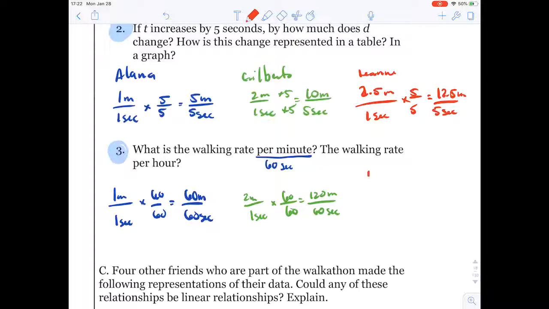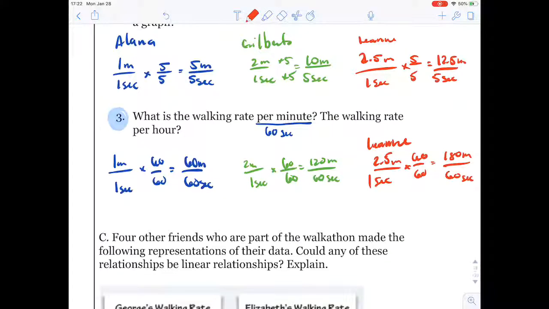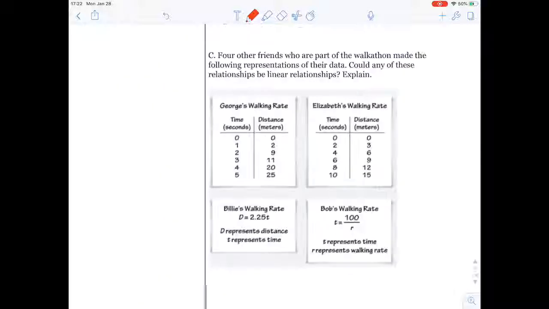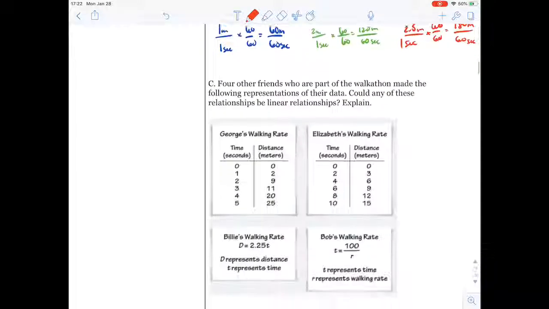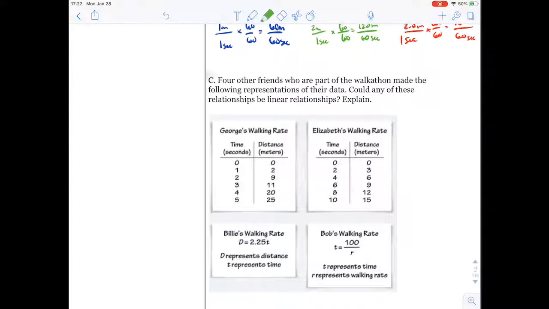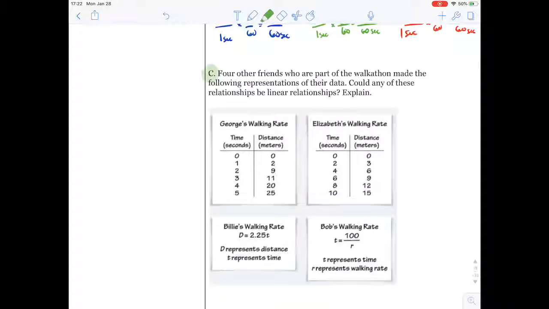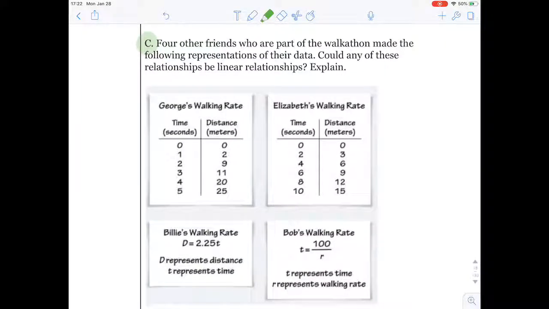And lastly, we have Leanne, who goes 2.5 meters every second, and we'll multiply by 60 over 60, and we get 180 meters for every 60 seconds. Okay. Actually, we're going to answer question C too, so this one's important. So answer question C, pause the video, go another 5 minutes.